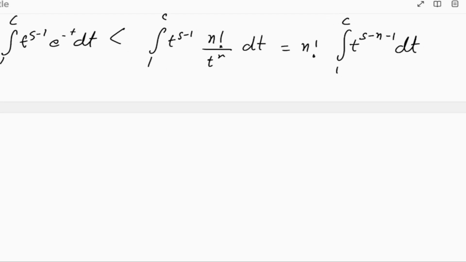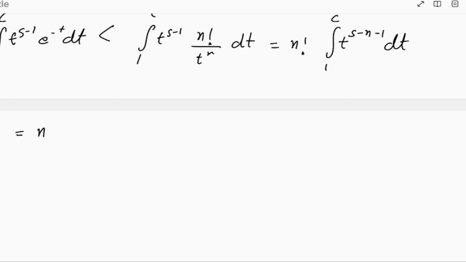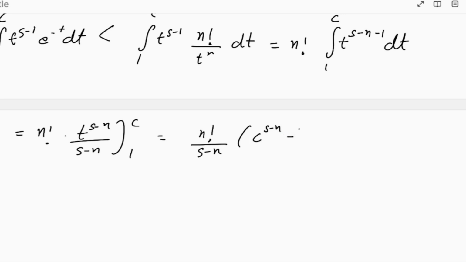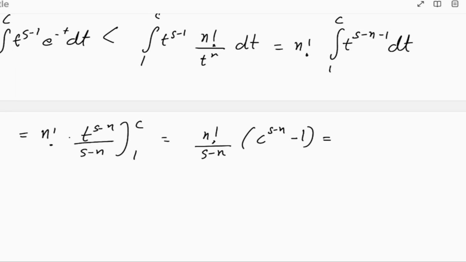If I go ahead and use the power rule again, I'll get n factorial times t^(s-n) over s minus n, from 1 to c, which is n factorial over s minus n times c^(s-n) minus 1. I'll factor in a minus 1 to make this of the form n minus s, because that's given in the question. So it becomes n minus s, and this becomes 1 minus c^(s-n).